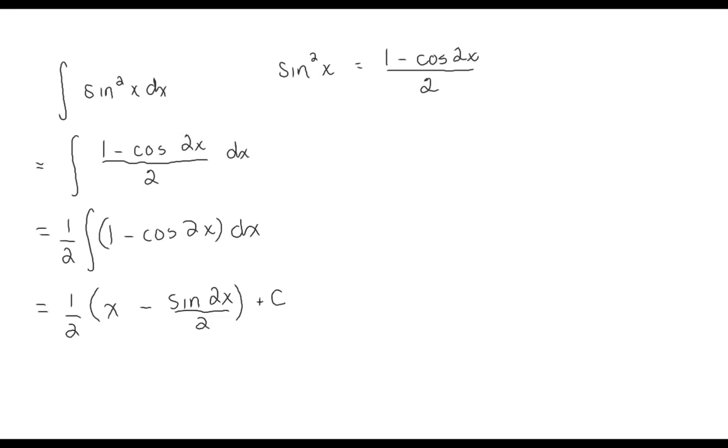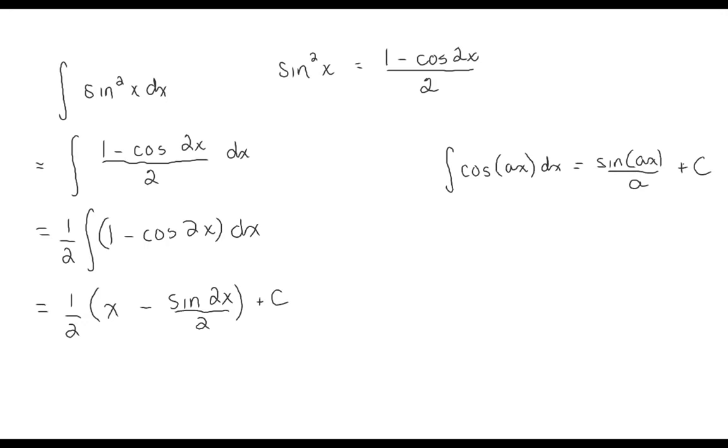A quick little side note. If you have the integral of cosine of a constant times x, that's going to be the sine of the constant times x divided by the constant. As long as a is a constant, that will work. And you can do the same thing with any of those trig integrals.